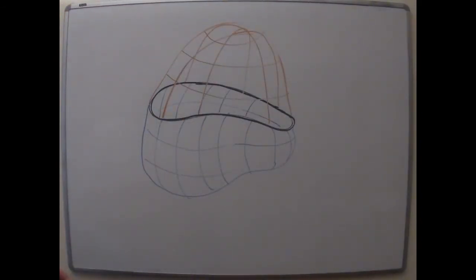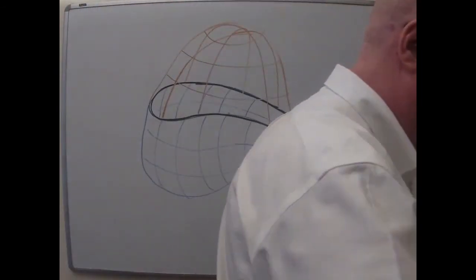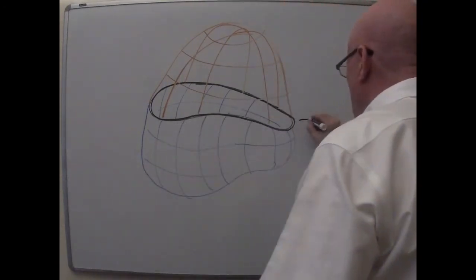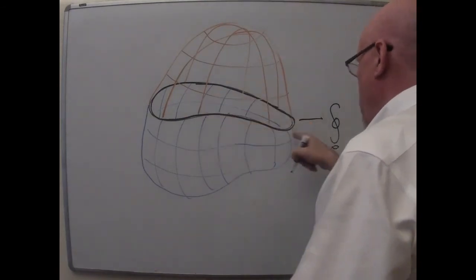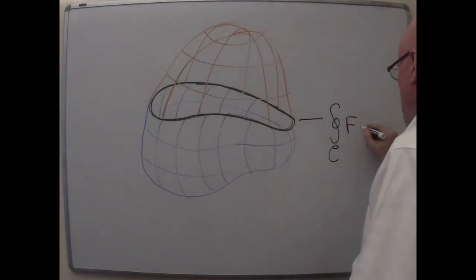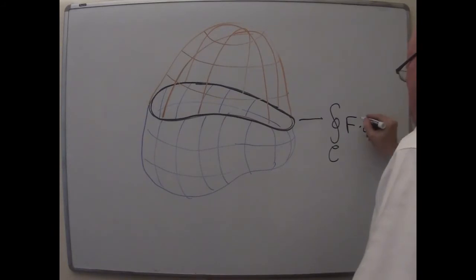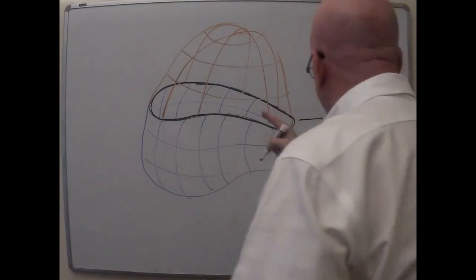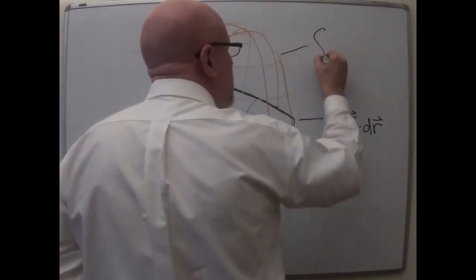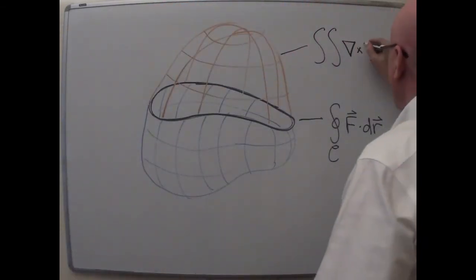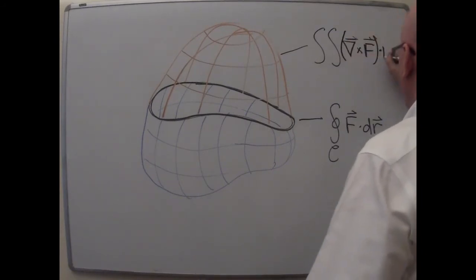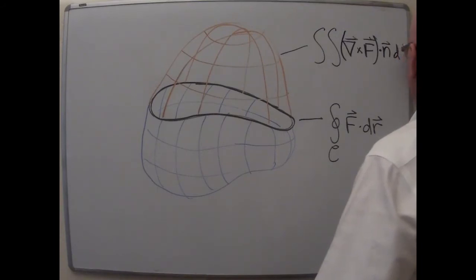And what does that mean? Well, Stokes' theorem, if it's true, says that the integral around that simple closed curve of F dot dr is, on the one hand, equal to the double integral over this surface of del cross F dotted with the normal vector dS.